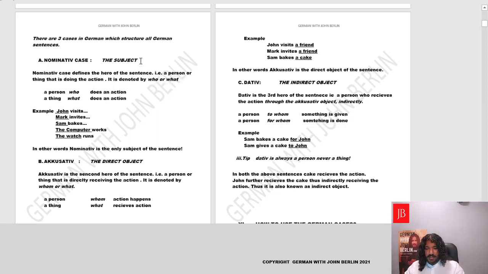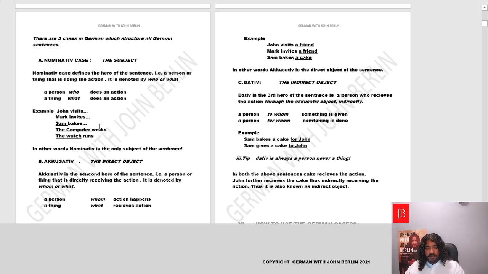Yes, so the basic idea is nominative case is based on the subject and it is based on the reference question, who or what. A person who does an action, or a thing what does an action.